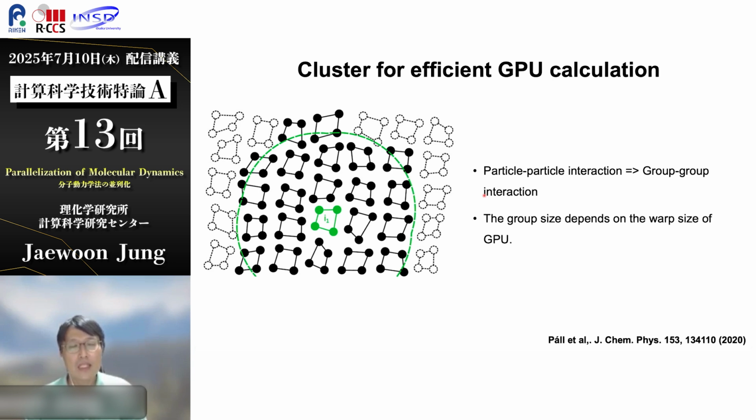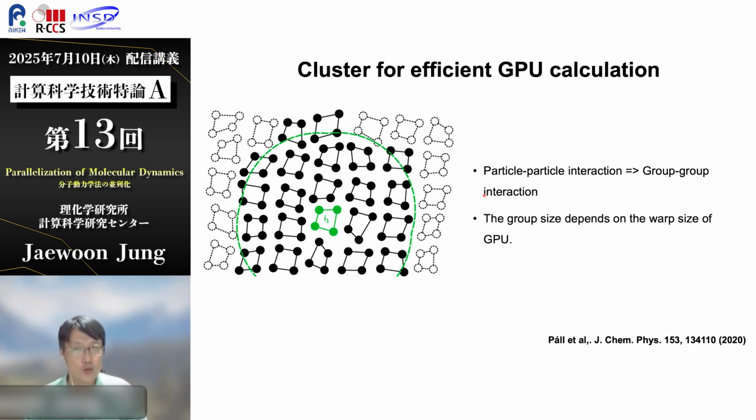Usually in GPU, the warp size is 32 for NVIDIA's, and AMD's has a 64 wavefront. In this sense, 32 or 64 different data should be calculated at once using the same instruction.